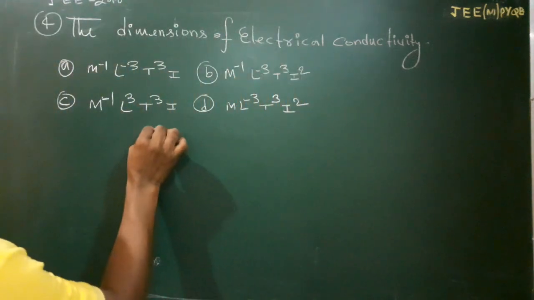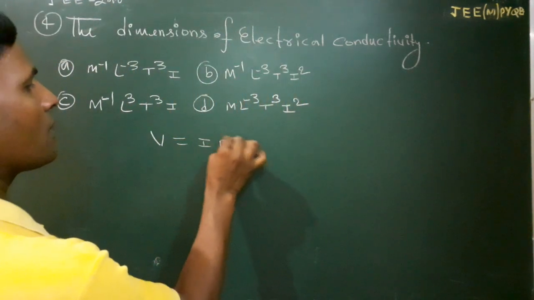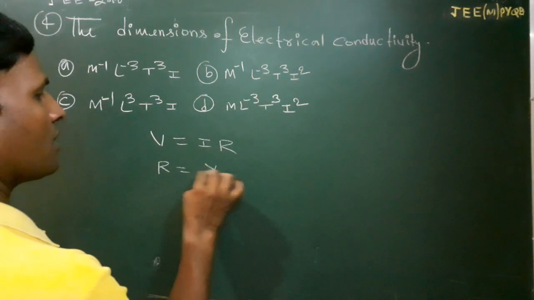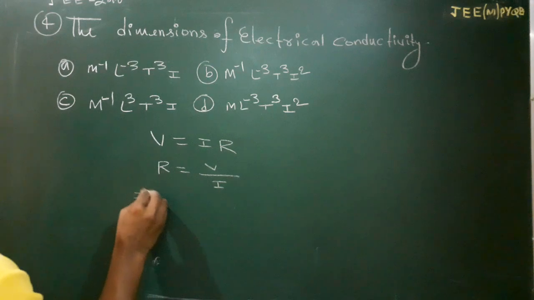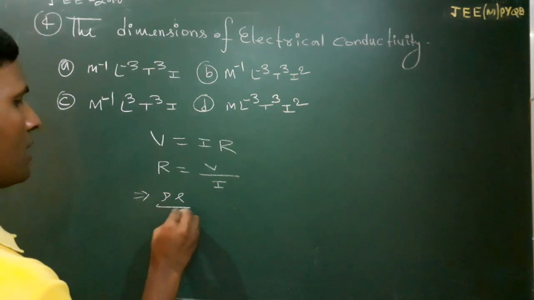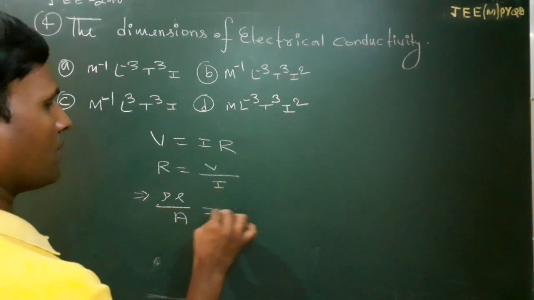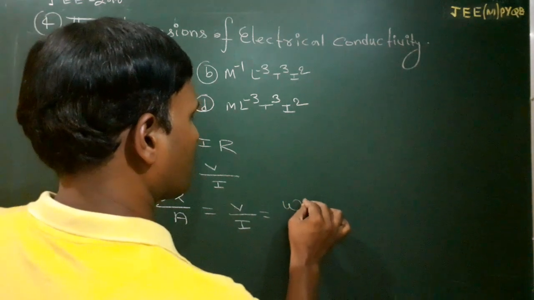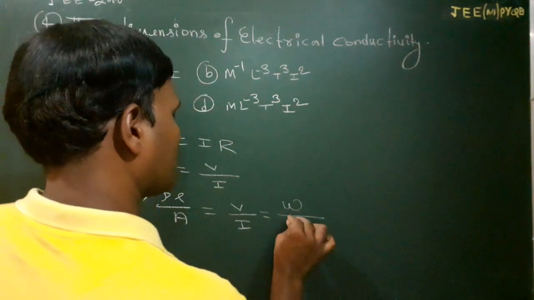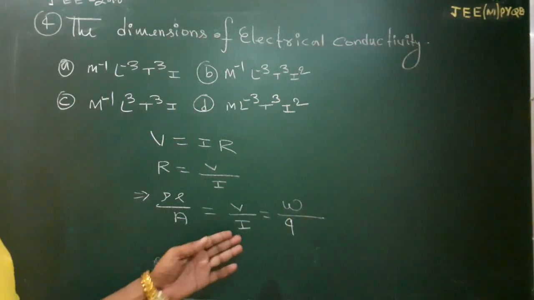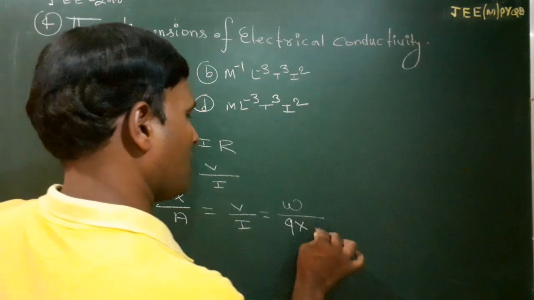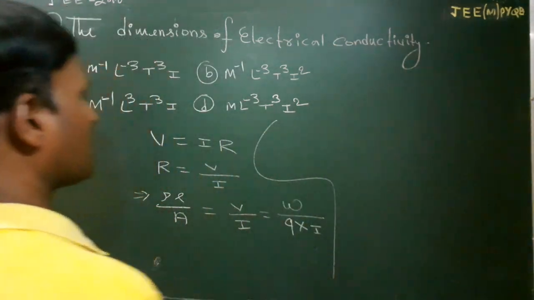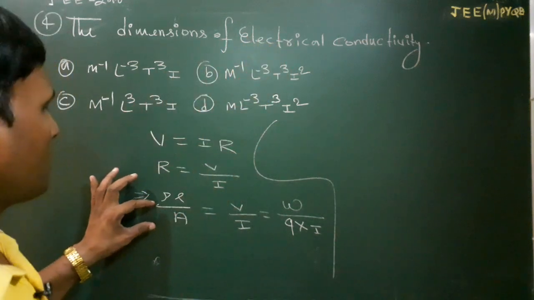V is equal to IR, and R you can find as V by I. R is rho L by A, where A is area, and V is work by charge, and this one is I. Now you have to calculate electrical conductivity, which is 1 by rho.